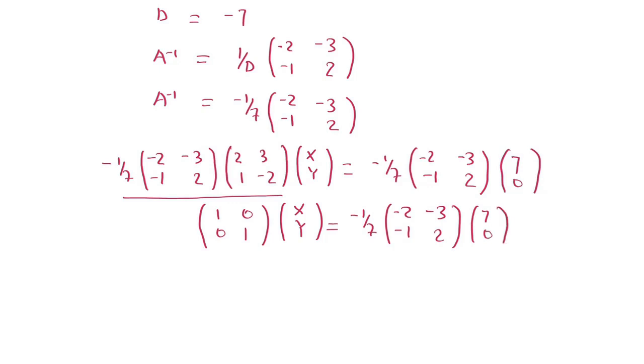We know that a matrix times its inverse gives an identity matrix, so we replace this part with the identity matrix. Then the identity matrix times matrix [x; y] equals the right-hand side. We also know that a matrix times an identity matrix gives the matrix itself, so on the left we remain with matrix x and y.